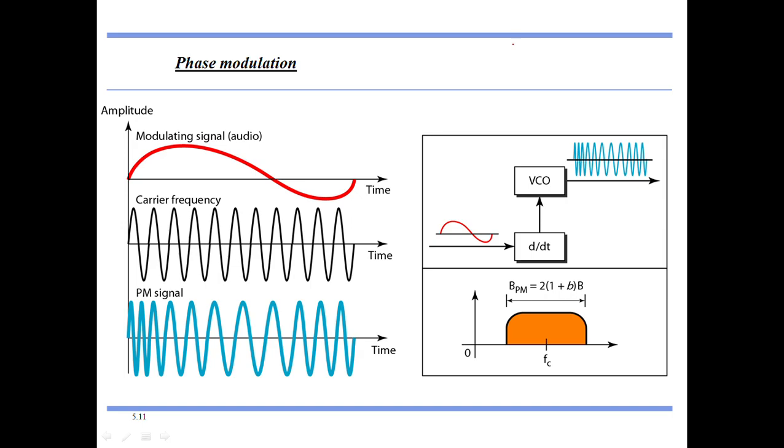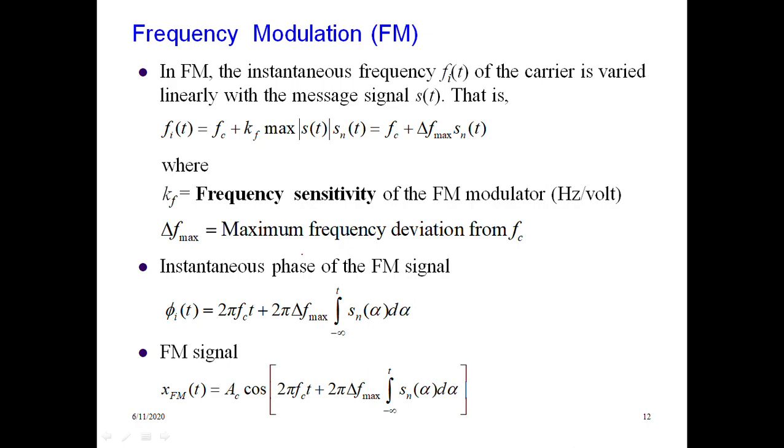This is an example of the modulating signal. This is the carrier. Now we want to change the phase to resemble the modulating signal. Next, after phase modulation, the second one is frequency modulation. In frequency modulation, there will be an instantaneous frequency and, of course, an instantaneous phase. The instantaneous frequency will vary with the message signal.